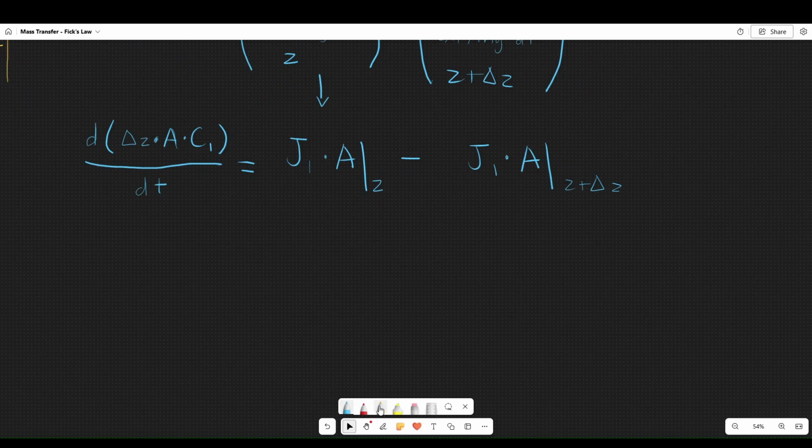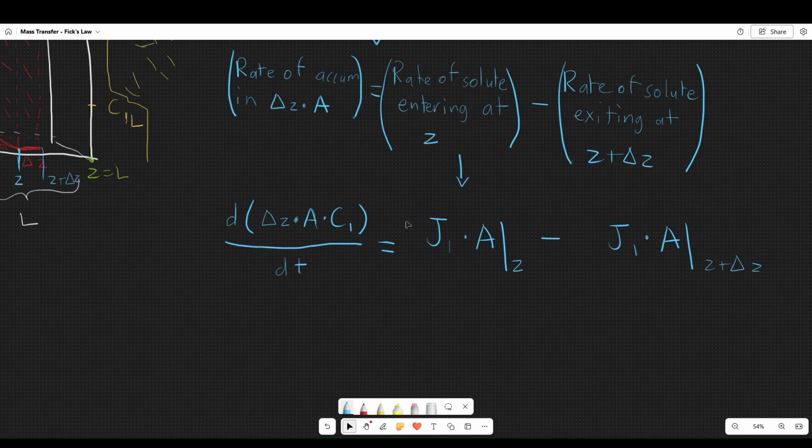What we can do now is cancel out some variables. We can notice that in this first derivative, d times delta Z times A times C1, delta Z and A are constants. The only thing changing is the concentration, which means we can pull these out of the derivative.